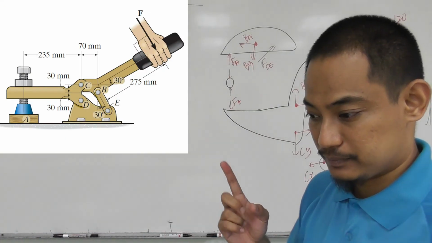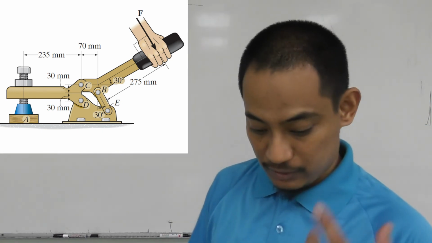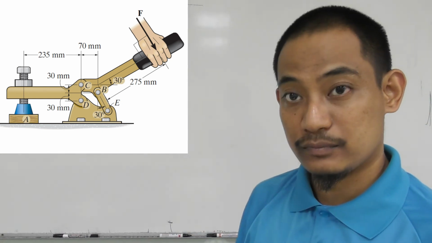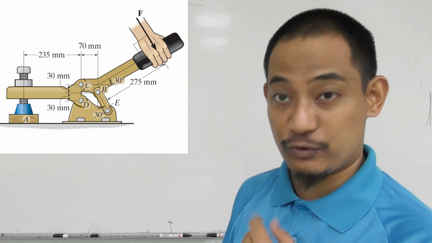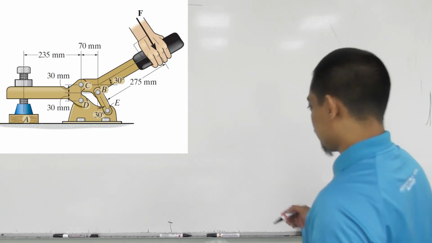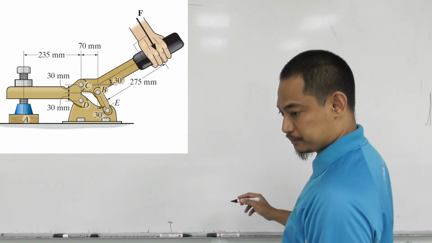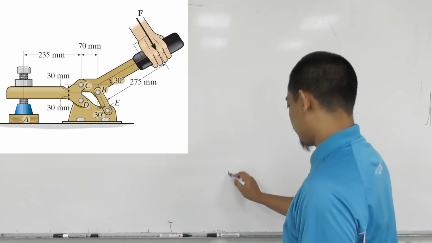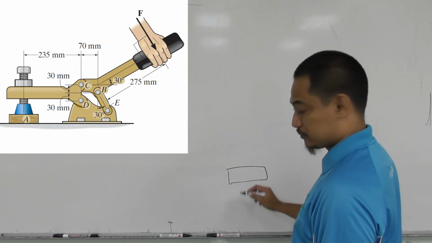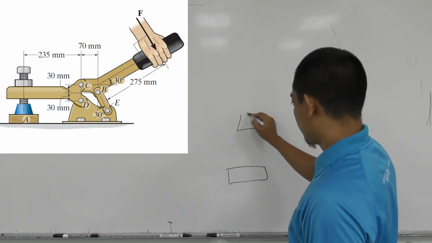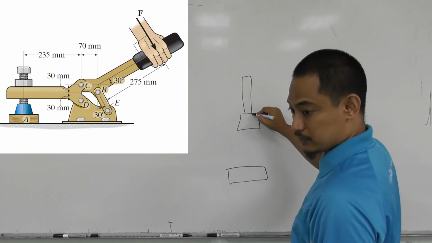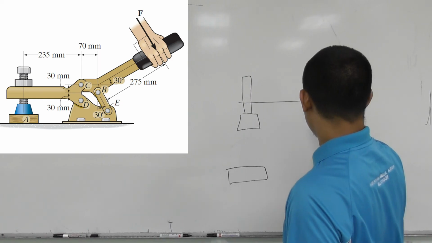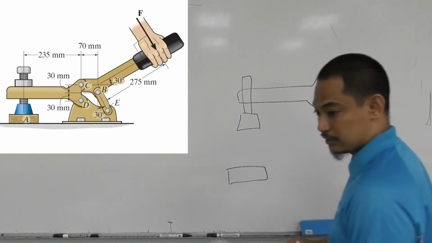What about this one? Again, is there any two force member? There is, right? So member BE is a two force member, right? So basically, let's say if you have the wood there, and then you have, oops, there.